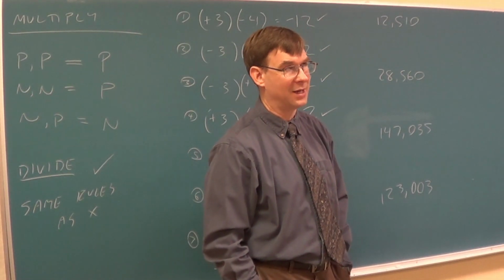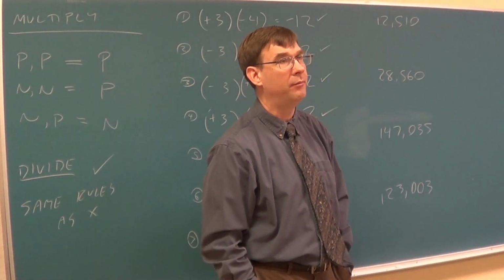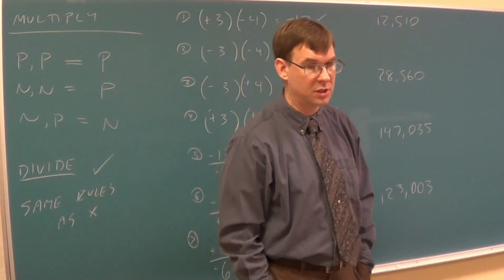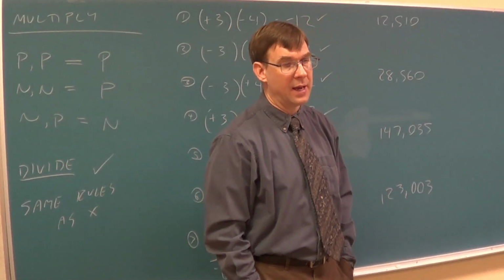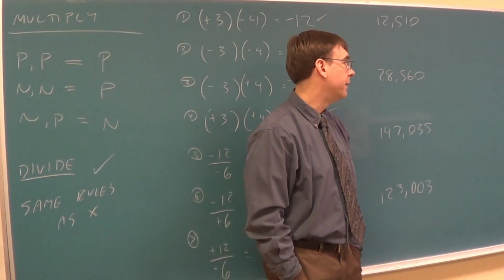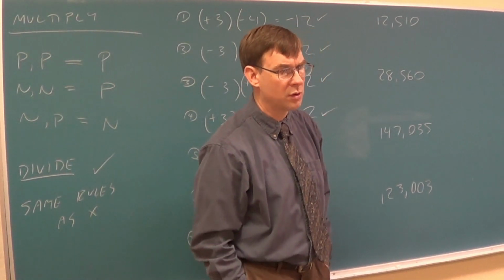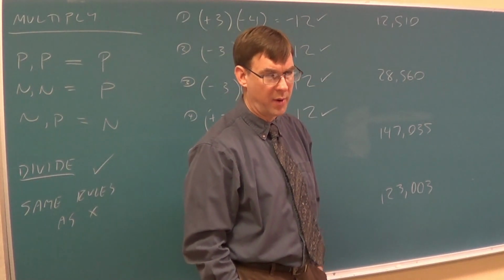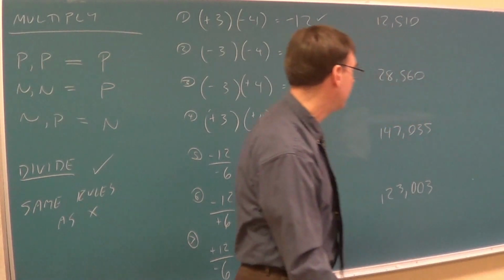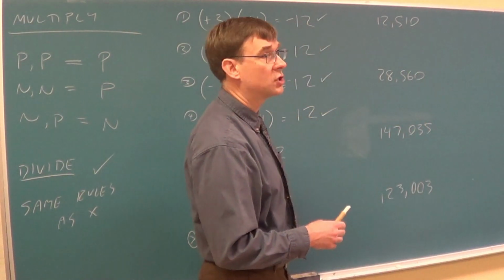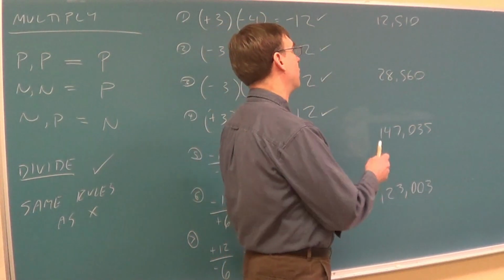The answer is if the sum, S-U-M, of the digits, D-I-G-I-T-S, is divisible by 9. Divisible you can spell by looking at other answers on the paper. So if the sum of the digits is divisible by 9. So let's try that rule out and then we'll look for another rule.